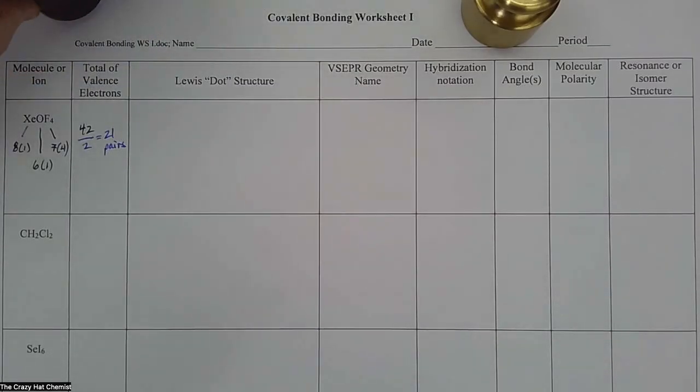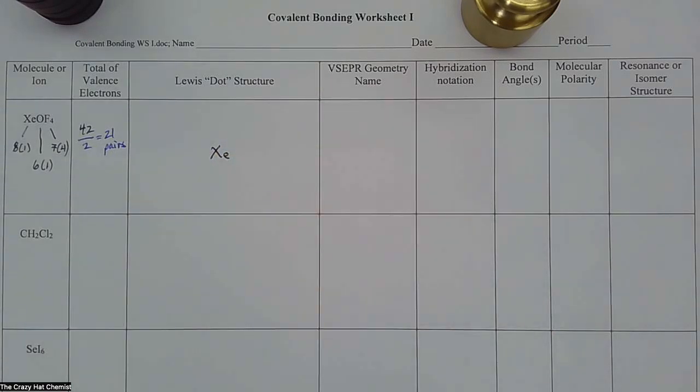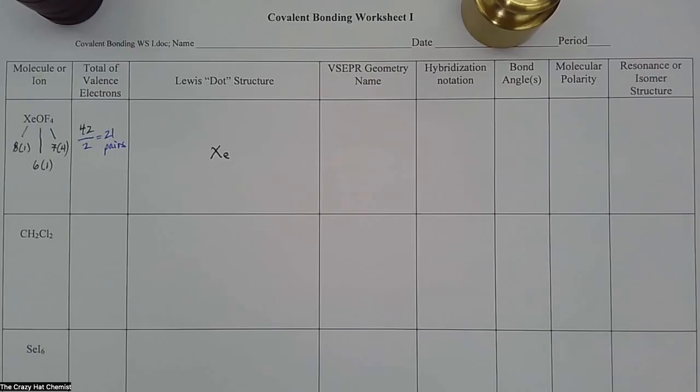Okay, let's see if we can. Perfect. So the least electronegative element is going to be the xenon here. And it's certainly farther away than fluorine, and there's lots of fluorines, and it's certainly farther away than oxygen. In fact, the noble gases hardly have an electronegativity at all. Then what we're going to do is place the other elements around the xenon, kind of like the face of a clock.